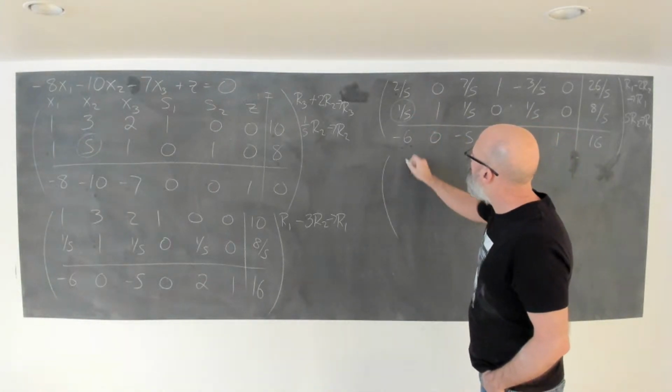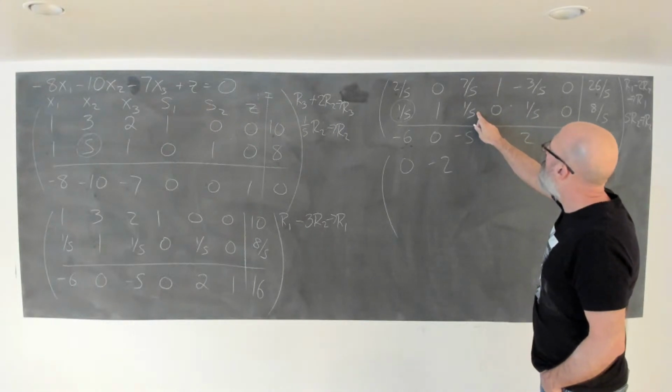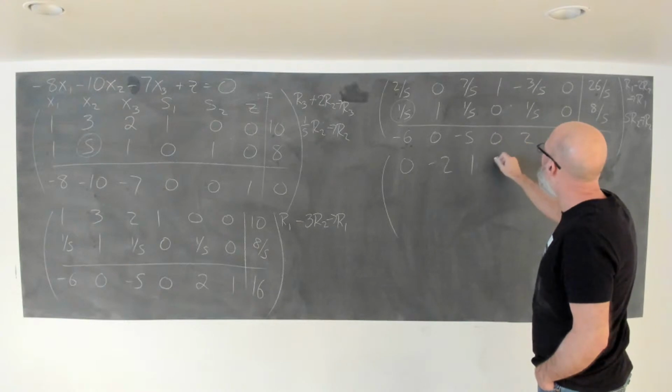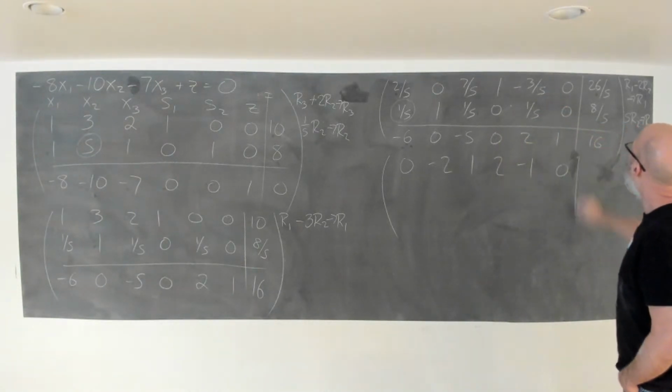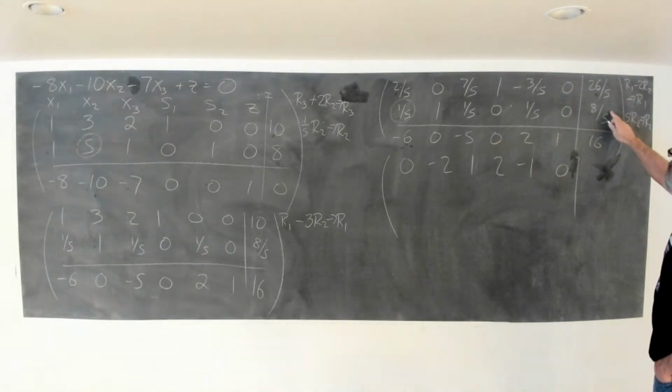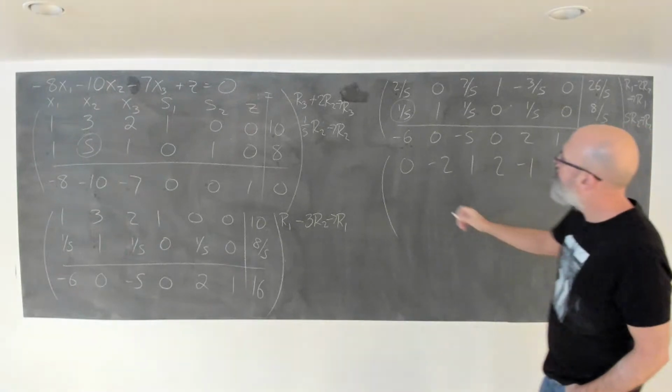So this minus 2, this minus 2, this minus 2, that will be a 5/5, which is 1. This minus 2, this minus 2, this minus 16, that's 10/5, which is 2.